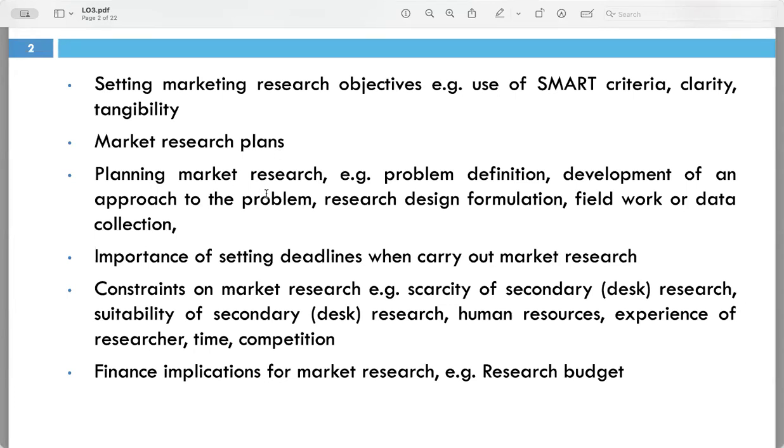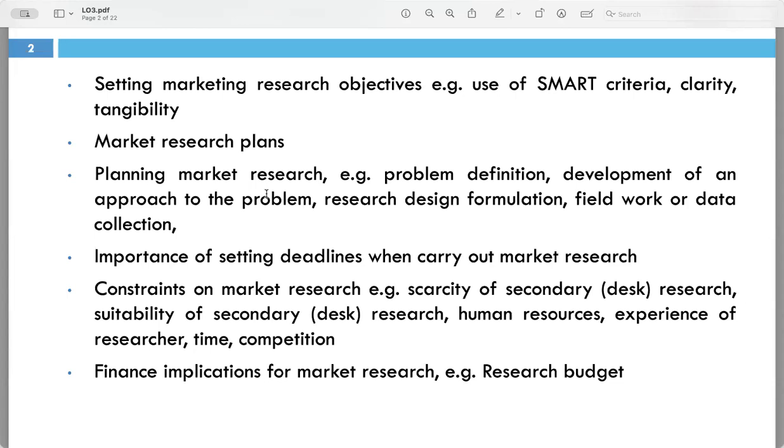Planning market research involves several critical stages. We will explore problem definition, identifying and articulating the research problem or questions, then creating a strategy to address the research problem, including hypothesis and theoretical framework.